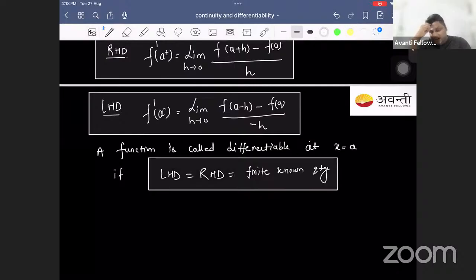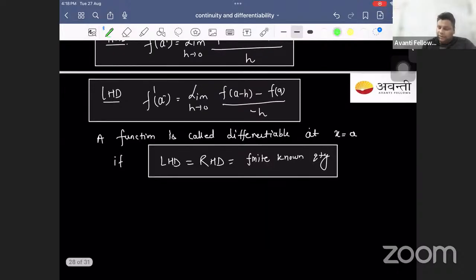So left hand derivative, right hand derivative is some finite known quantity. Then only we say this function is differentiable at x equals to a. Am I clear? So this is the totally fundamental thing.